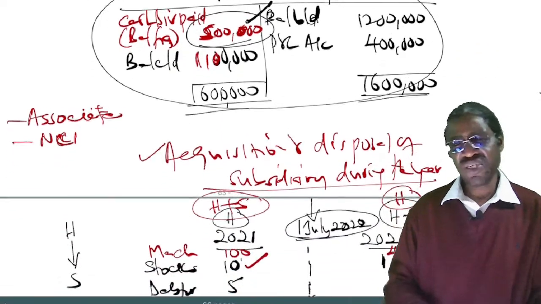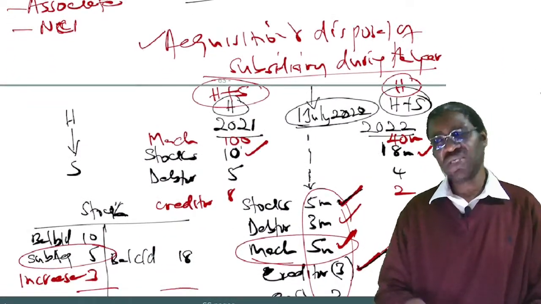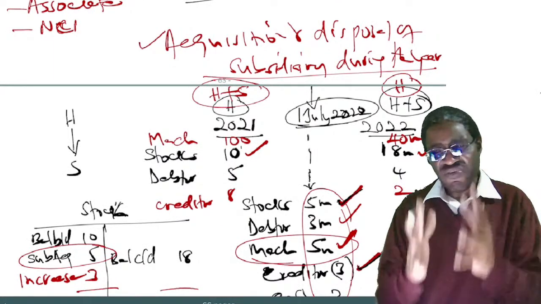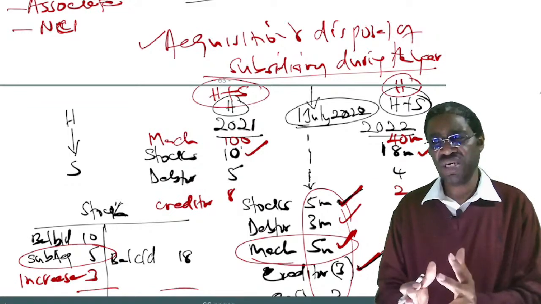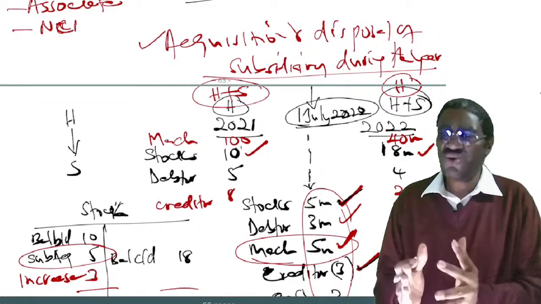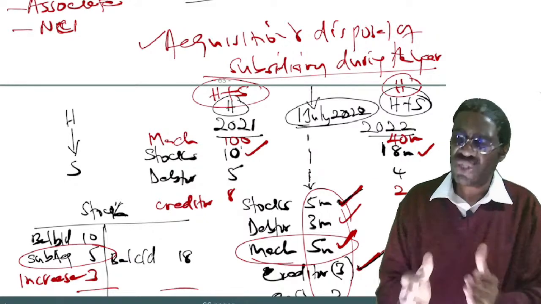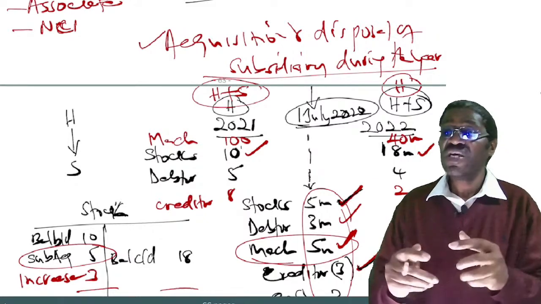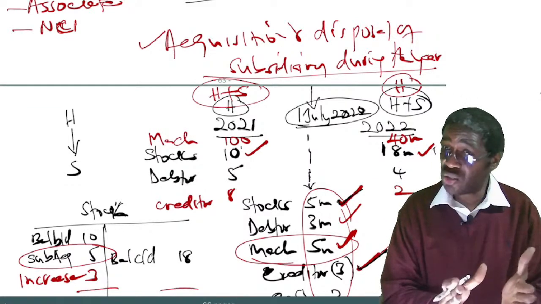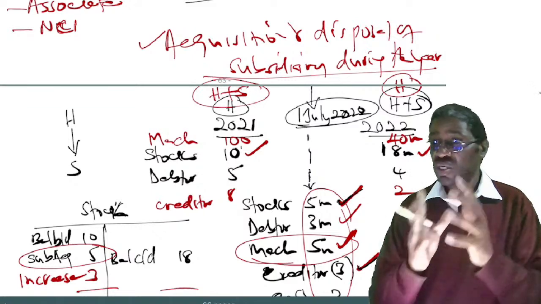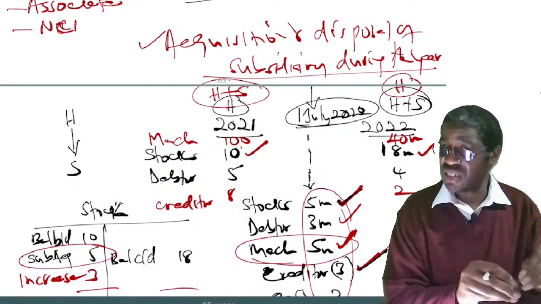Today, we have discussed acquisition and disposal of a subsidiary, and we have looked at the effect of acquiring a subsidiary company during the year, because it will come into the group with its own bunch of net assets. How do you use them? We have said use them in the respective accounts, whether it's an acquisition question or a disposal question. When it's an acquisition, if it's an asset coming in, debit it in the asset account.